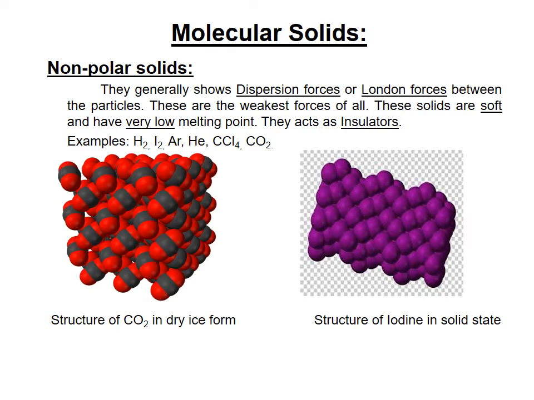Similarly, iodine at room temperature is in the vapor form, but by lowering the temperature or putting it under pressure, it is converted into solid form. These non-polar molecular solids do not have any free electrons or ions in their compounds. As a result, they do not conduct electricity.